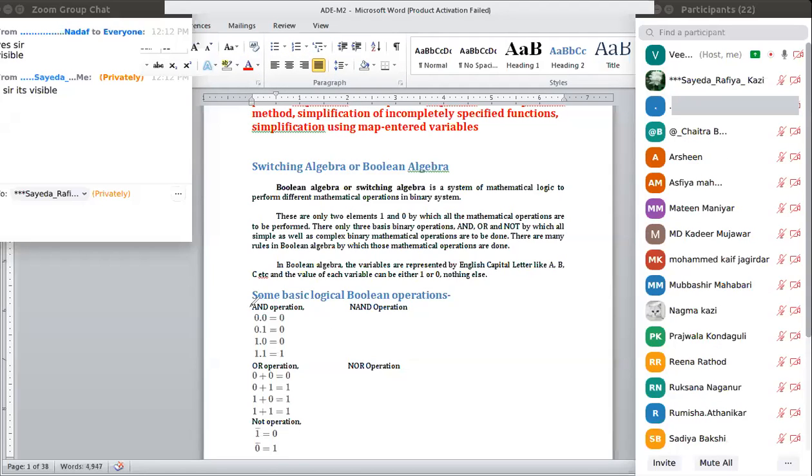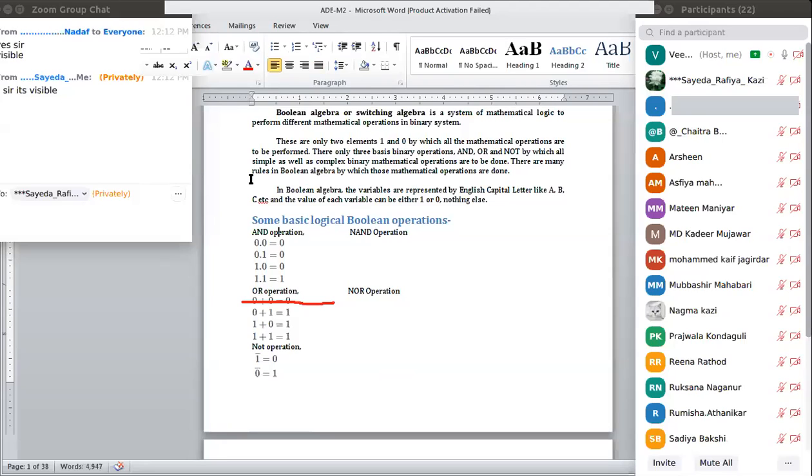Now here are some basic rules, basic logical Boolean operations. We know the basic AND operation is a product form or multiplication. In decimal we call it multiplication, but here it is called product form. Multiplication here is denoted by a dot.